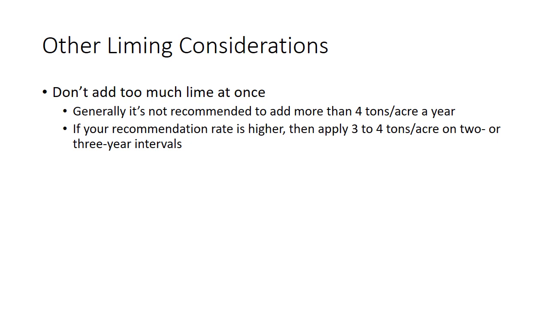And so in that case, what we would do is apply at 3 to 4 tons per acre on 2 to 3 year intervals, and we would just keep on liming regularly until we've neutralized the soil. We don't want to apply too much at one time, otherwise it'll not dissolve fast enough and not react fast enough to get the full effect from the lime. So we don't want to apply more than 4 tons per acre per year.